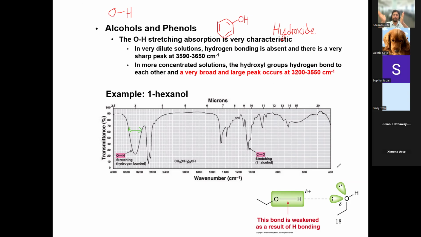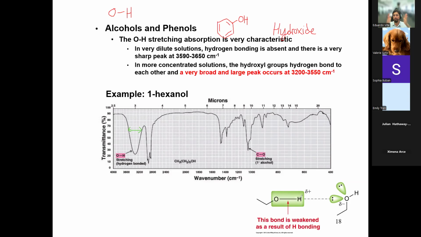And so why do we have that range of wave numbers? Why is everything else much sharper, more spiky? Because remember, OH can form hydrogen bonds. And so not only are you vibrating the OH bond directly, you're also vibrating that not so strong hydrogen bond. And so you have a range of wave numbers that represents a range of energies, a range of vibrations.